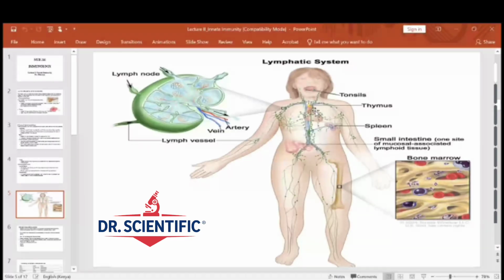We have lymph nodes in the hands, the armpits, under the cheeks, next to the heart, all the way to the legs. These small dots are representations of the lymph nodes, or rather the lymphatic system.